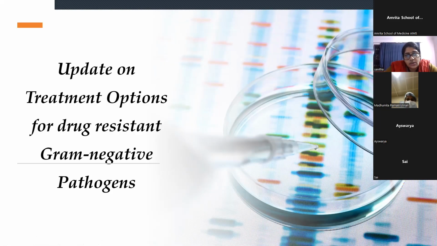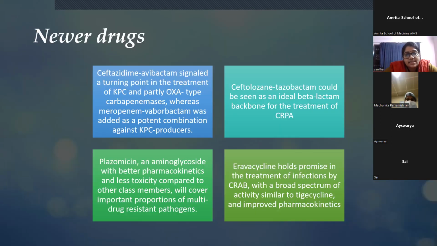So here are the newer options. We have ceftazidime avibactam combination, which is for KPC, that is Klebsiella pneumoniae carbapenemase, and class D, that is OXA type carbapenemases. And there is meropenem vaborbactam, that is meropenem, a carbapenem, with vaborbactam, a newer beta-lactamase inhibitor that is effective for KPC producers.